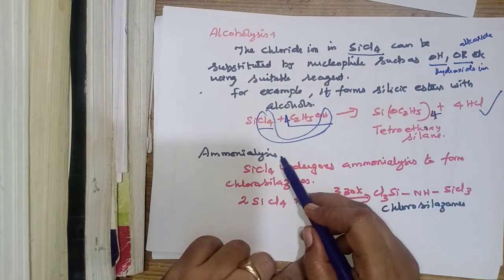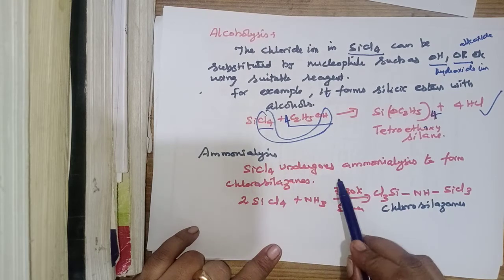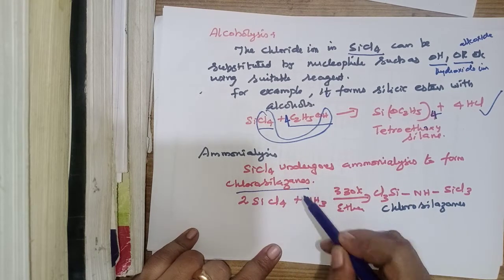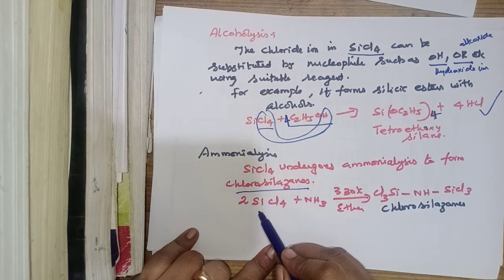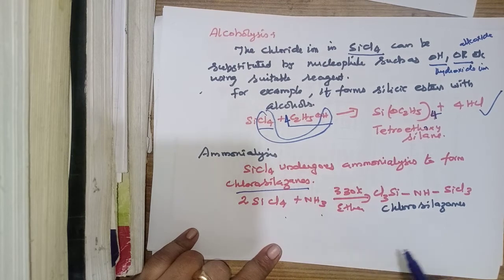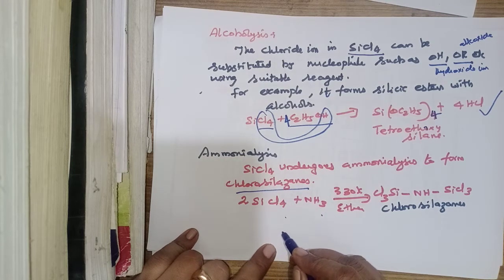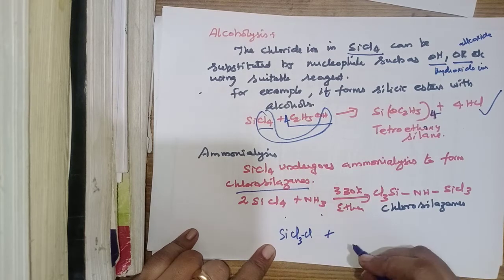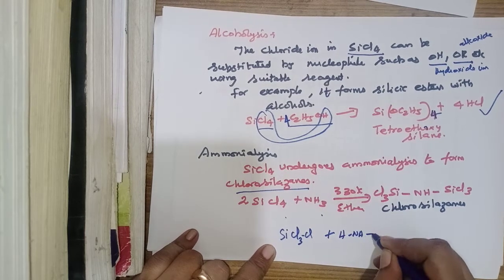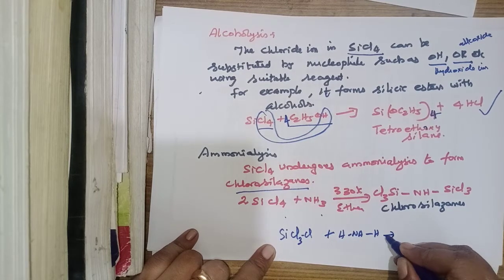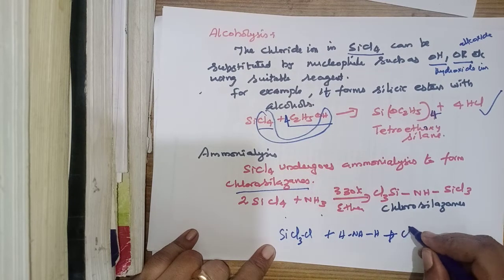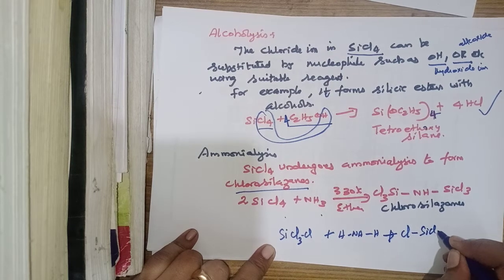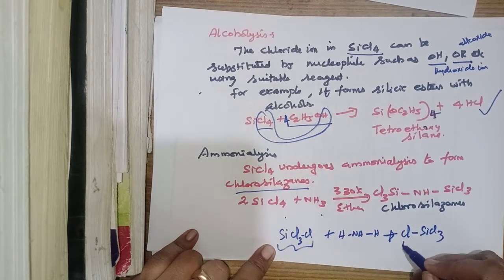Ammonolysis. Silicon tetrachloride undergoes ammonolysis to form chlorosilazanes, that is SiCl4 reacting with ammonia. Take 2 moles of SiCl4. Split 1 chlorine outside. Now ammonia NH3 splits like this, and here is 1 more mole of SiCl4.